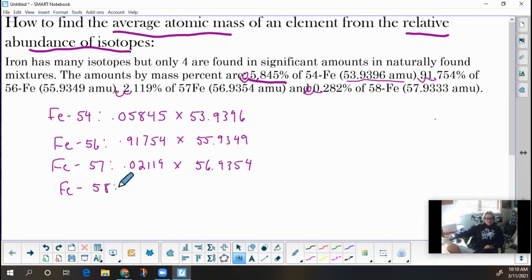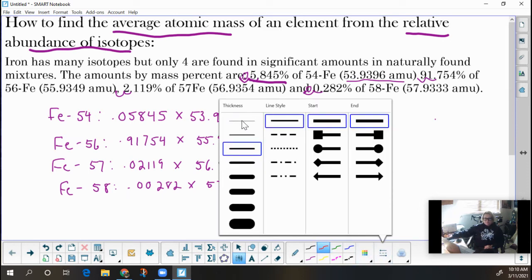Iron 58 has an abundance of 0.00282. And we're going to times that by 57.9333. So now the next thing we're going to do is some math.